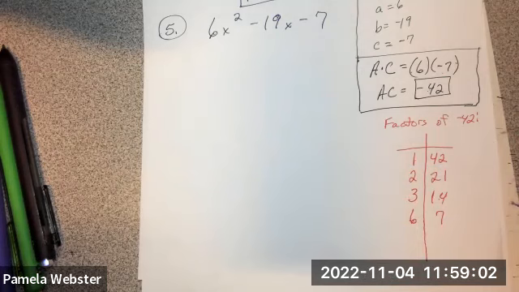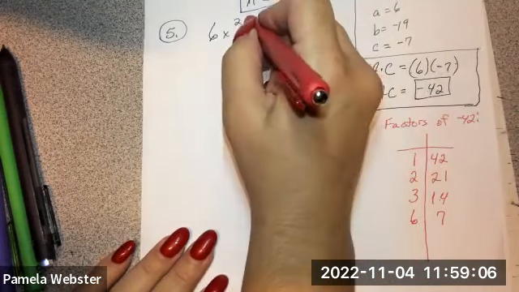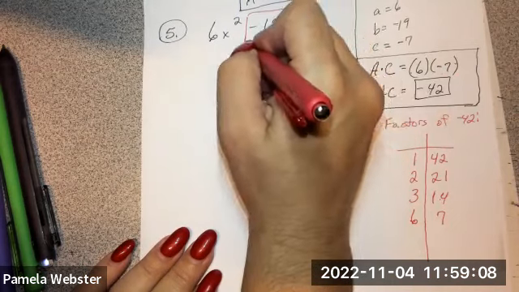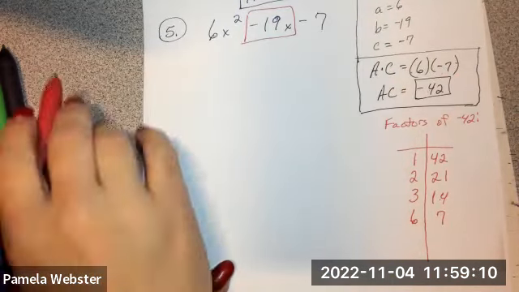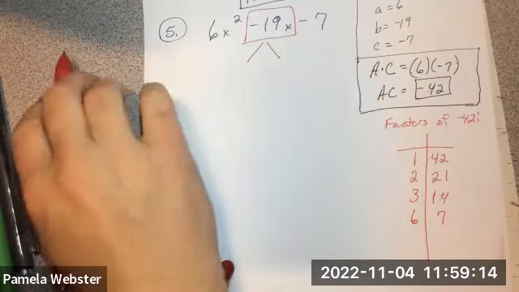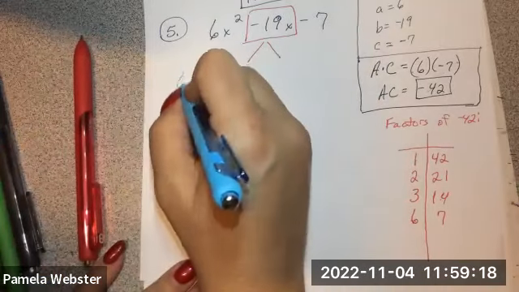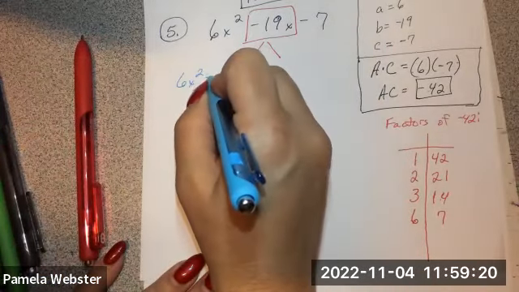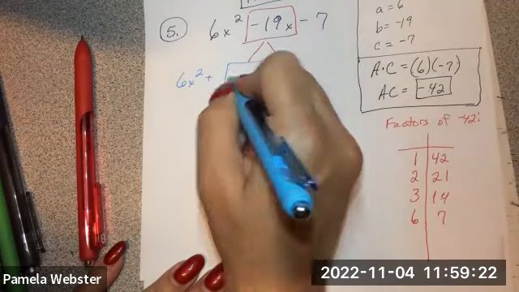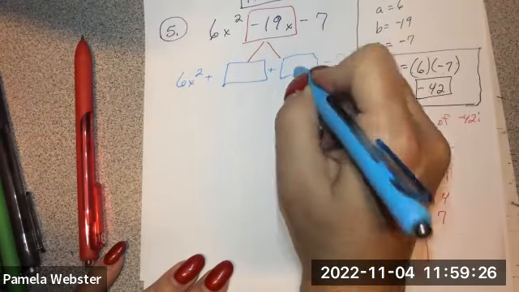And then I've got to deal with the pluses and the minuses, right? So what we're going to end up doing, you remember, is rewriting this so that my middle term is split into 2 terms, basically. So this is going to be 6x squared plus something minus 7, right?